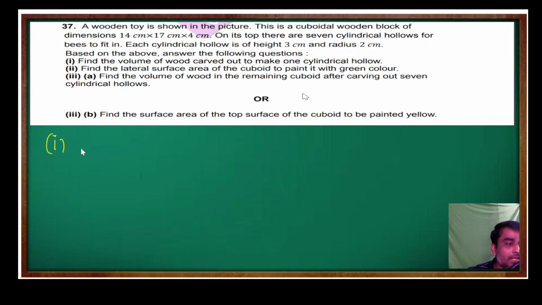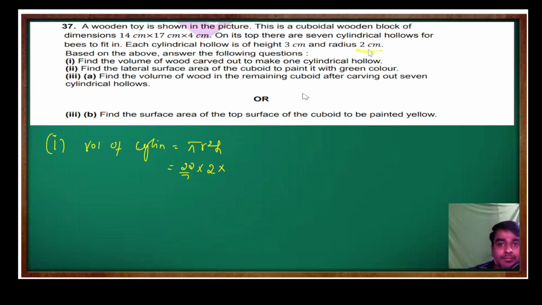First part, directly we'll write the formula, volume of cylinder. What is the volume of a cylinder? Pi r square h. Pi is how much? 22 by 7, into radius. Radius is 2 centimeter, given.